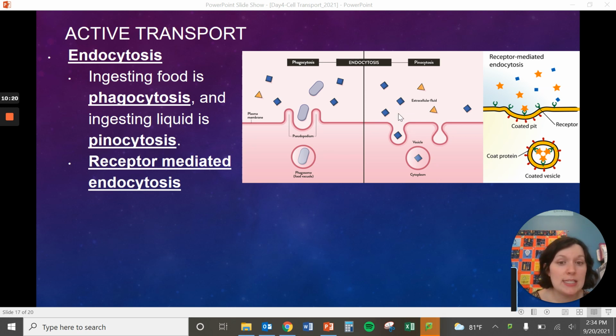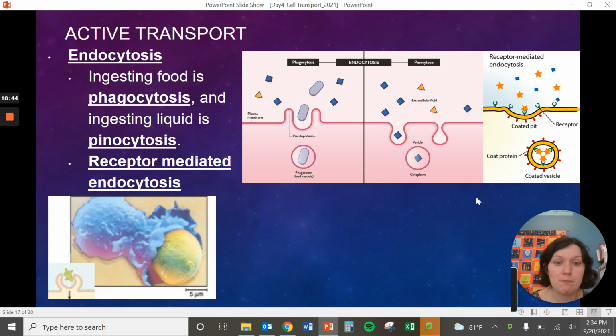Our pinocytosis, instead of going out and around, the cell membrane will come inside and it will ingest material that way. Receptor-mediated endocytosis is similar to just our regular phagocytosis, but it's specific because it has receptors. When receptors are activated, then the endocytosis occurs.